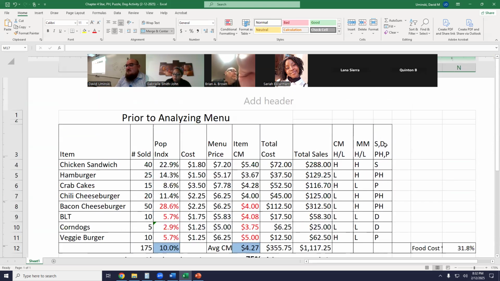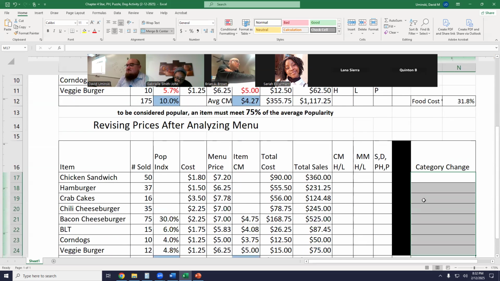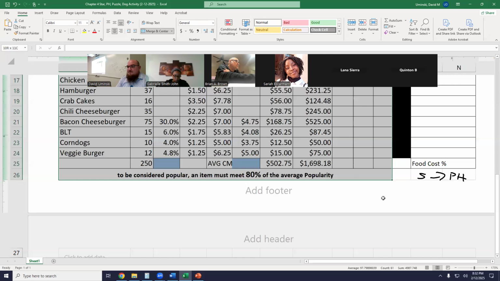So from up here to the top, we have all of our categories: star, plow horse, puzzle, dog. If there's no category change, just write the word none. If there is a category change, you can say this went from a star to a plow horse. Just star, arrow, whatever the new category is, in this column right here. Okay?